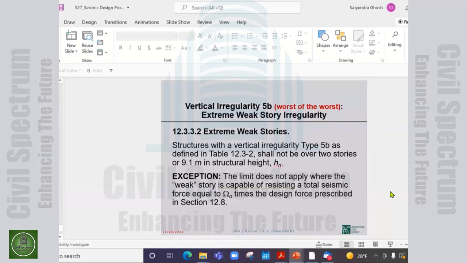So the columns that support the transfer girder, the column to transfer girder connection, let us say the columns are ground story columns, so the column to foundation connection if it is a concrete column. We do not design the foundation for overstrength factor, but the column itself and the column to foundation connection has to be designed.